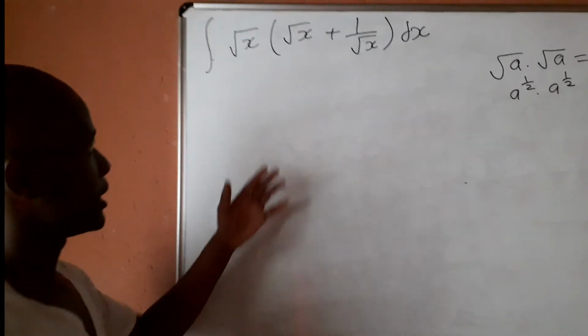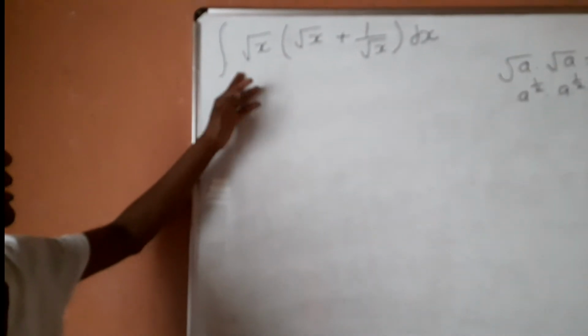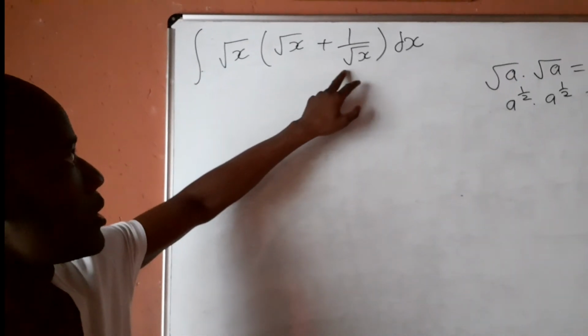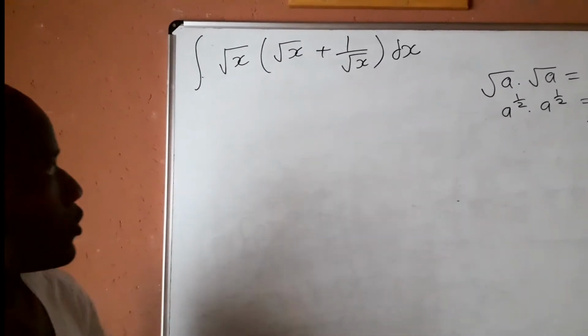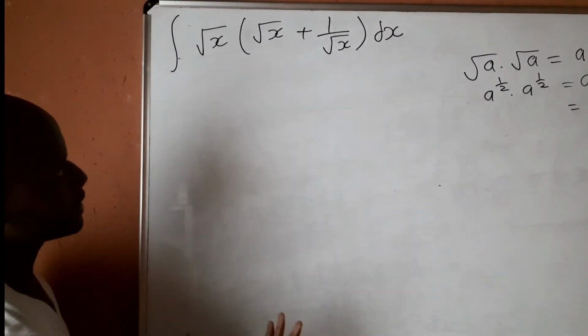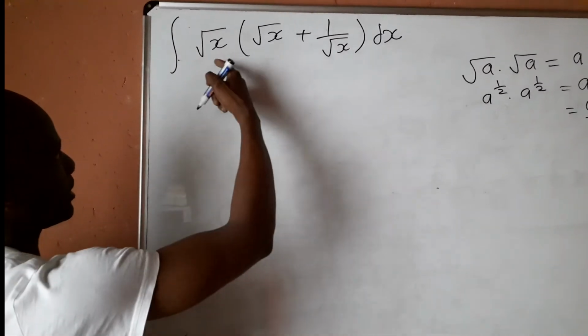So now let's check this question. They say integrate square root of x into square root of x plus 1 over square root of x dx. So we did factorization. We removed the bracket by multiplying everything by square root of x.